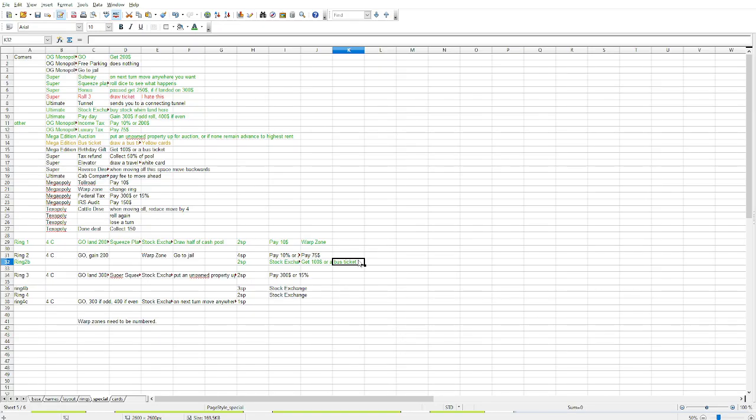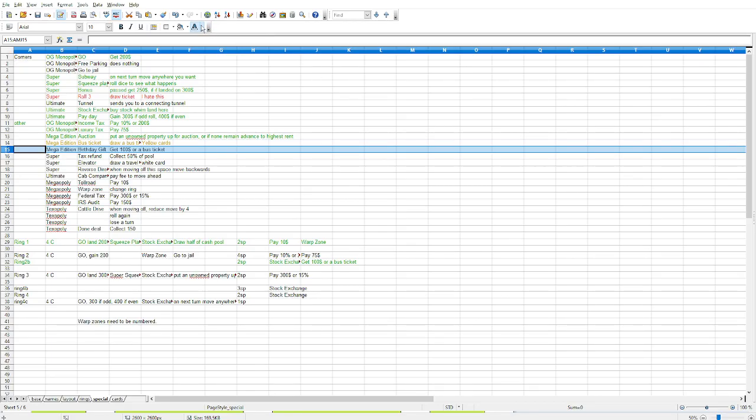However, I changed what bus tickets are so that they're not quite as valuable in some ways. So, boy. Okay, so this one gets marked in green.